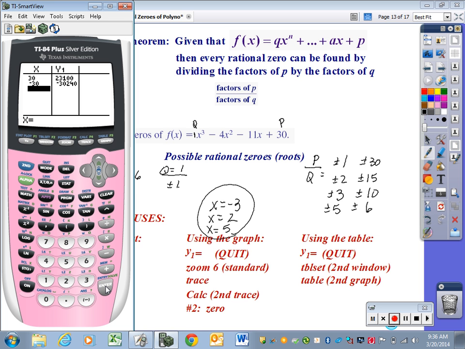Did I get a 0 value? No. I could ask about -3. Did I get a 0? Yes. So in the table, by doing this ask thing, we could ask about every single one of them and see. From the graph, you can see from -10 to 10. You can choose which method you like best.